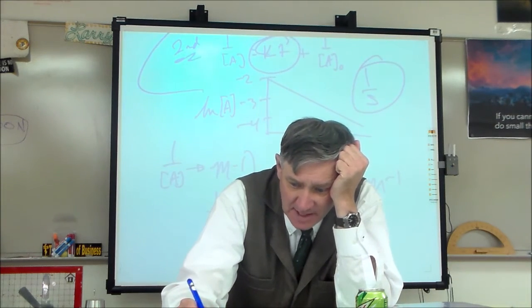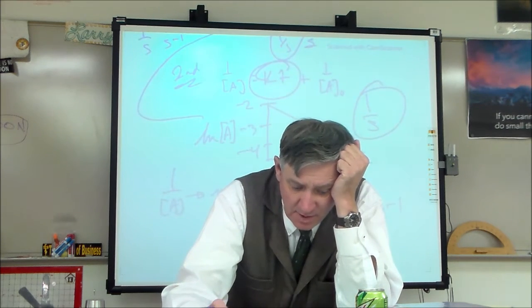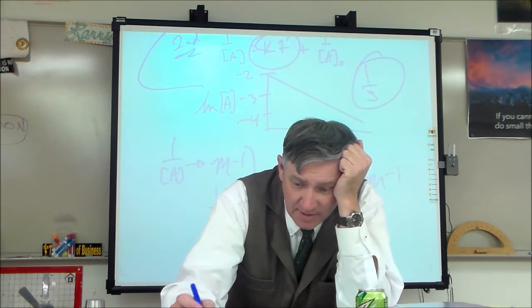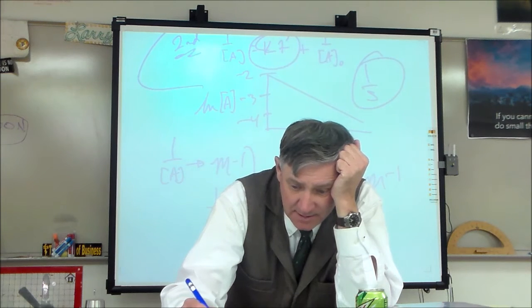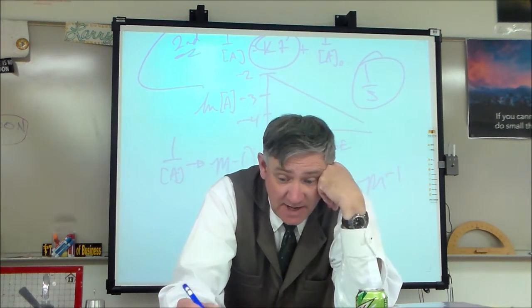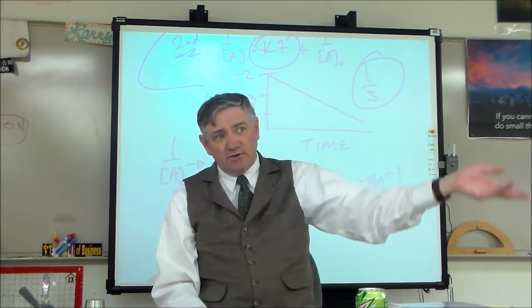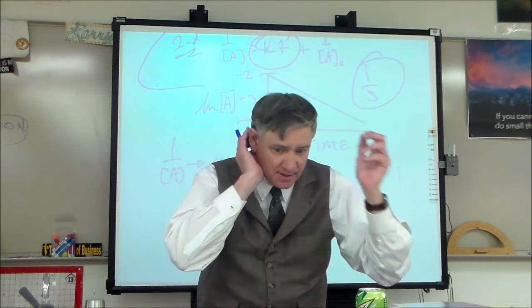So if I look at what units k has to have, I can write that as 1 over molarity seconds. Then if I take 1 over molarity seconds times seconds, the seconds cancel out, and I get 1 over molarity. It's the same thing.